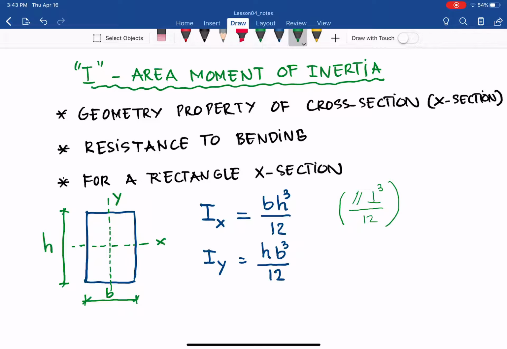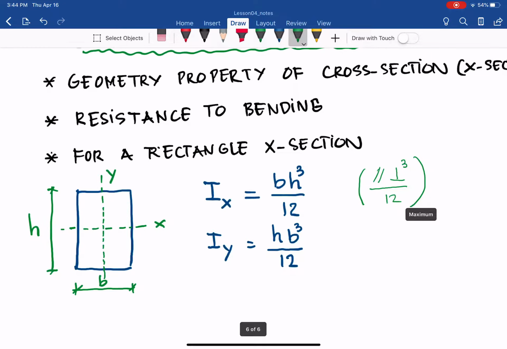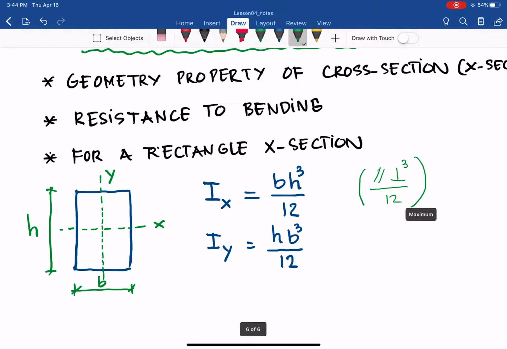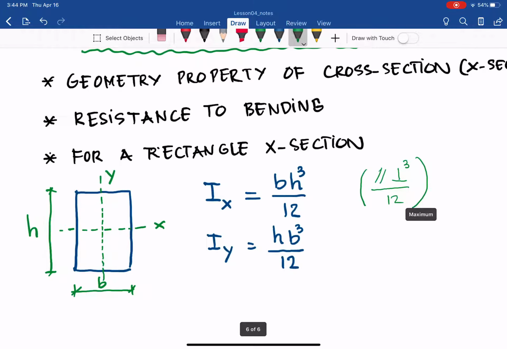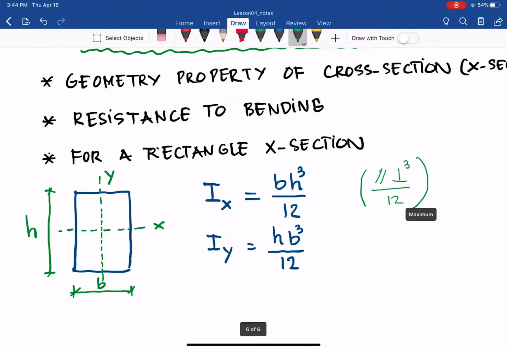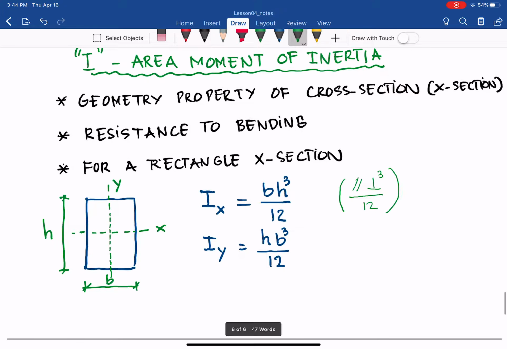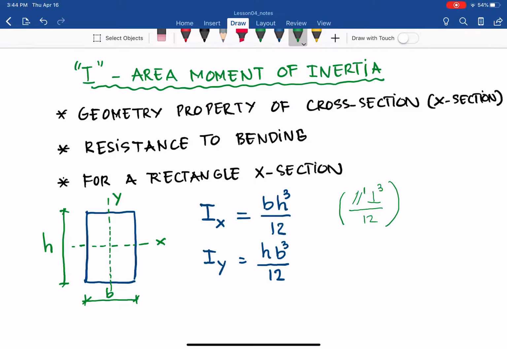Similarly for the y-axis, you can check whether that equation is true. For the y-axis, h is parallel, so h is not cubed, only power 1. Now b is perpendicular to the y-axis, so it is b cubed. So perpendicular cubed over 12.